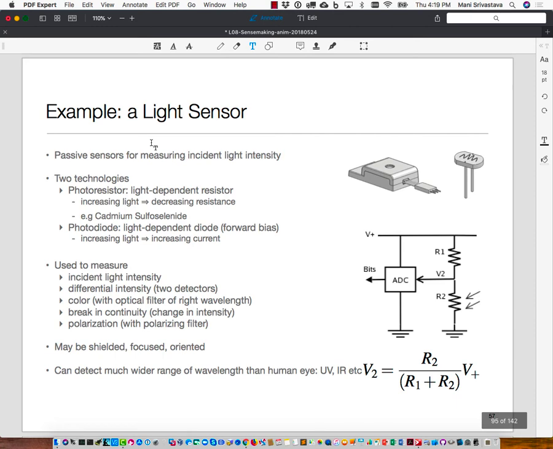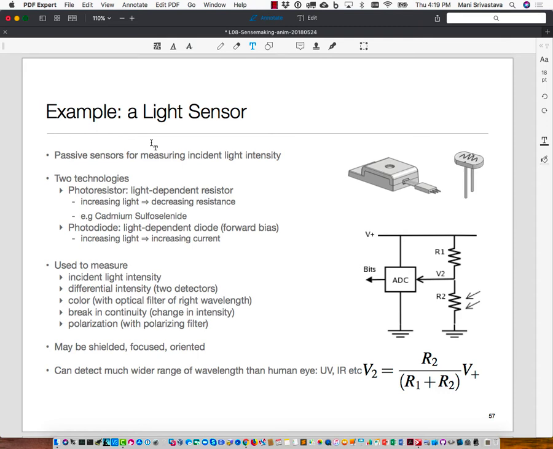So I had the example of a light sensor as a very simple example of a sensor, and it can be used to measure a variety of pieces of information, which in turn could say something about the state I'm interested in. For example, it can be used to measure the intensity of light.